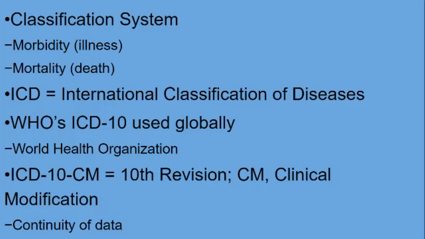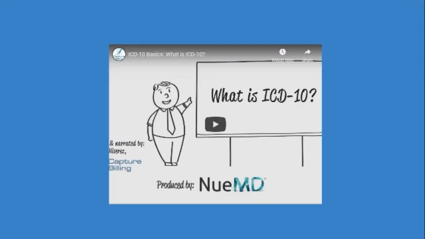ICD-10 equals 10th revision. CM is clinical modification. And there's lots of continuity of data. Matter of fact, you're going to hear that there's actually an ICD-11 in the works. So let's watch this little video together.